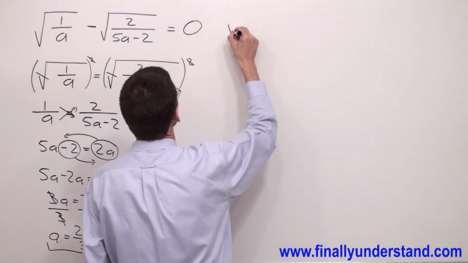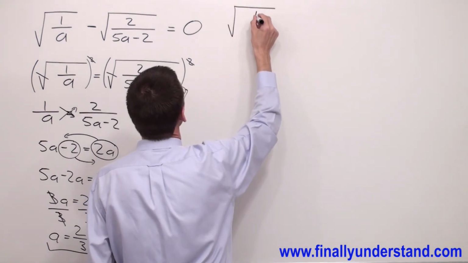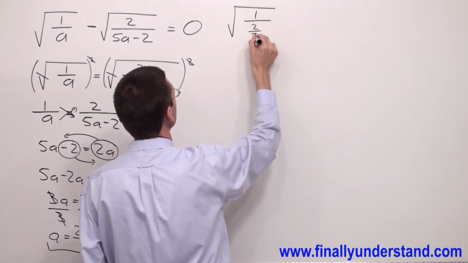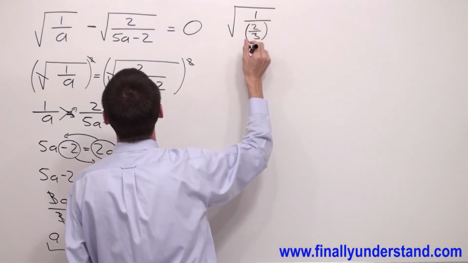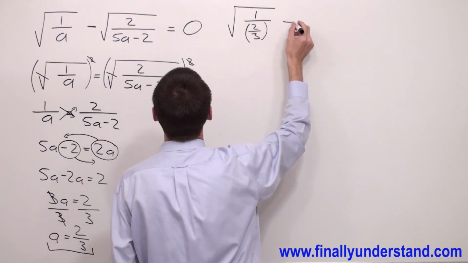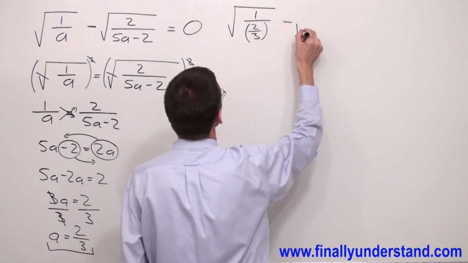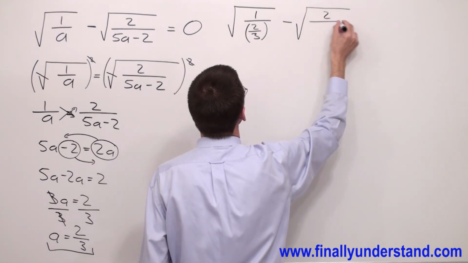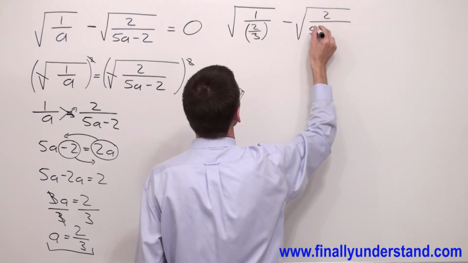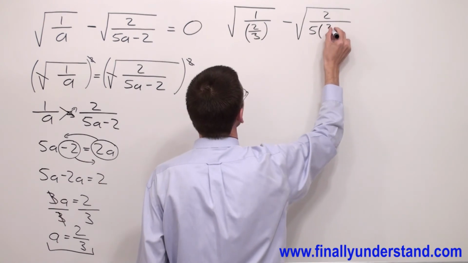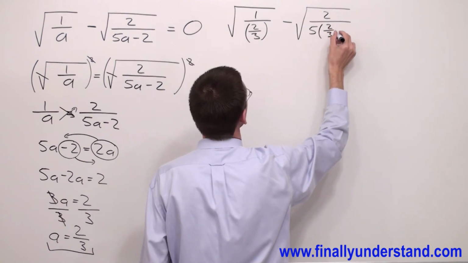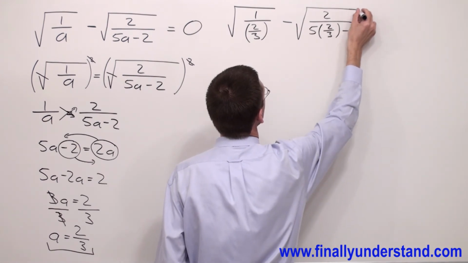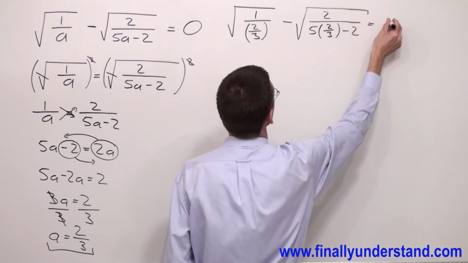I have square root 1 over 2 over 3 minus square root 2 over 5 times 2 over 3 minus 2 equals 0.